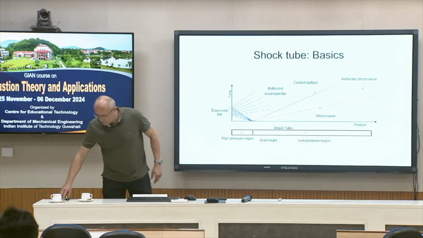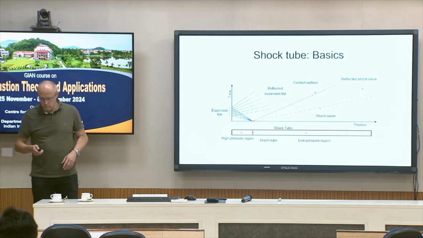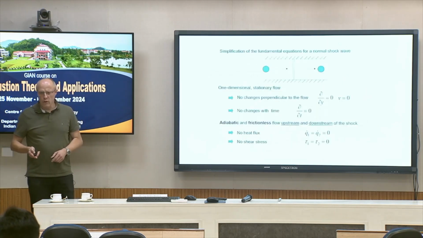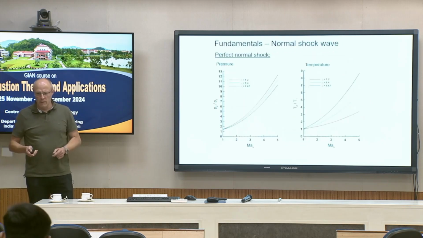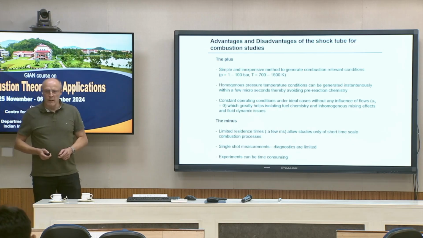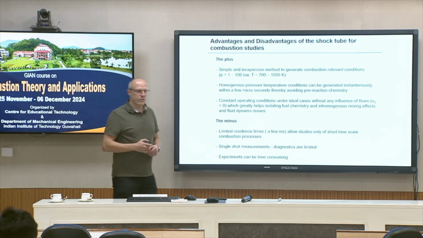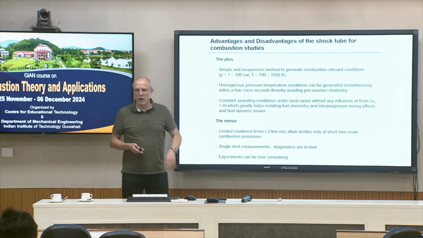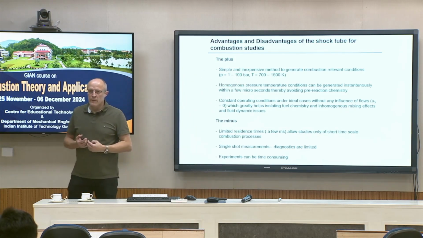Yeah. So here somewhere I have seen the pressure is like 1 bar to 100. Yeah, that's the initial condition. And we can go below 1 bar. This mainly depends on the strength of your piston or the tube you use. So 100 bar is no problem here.